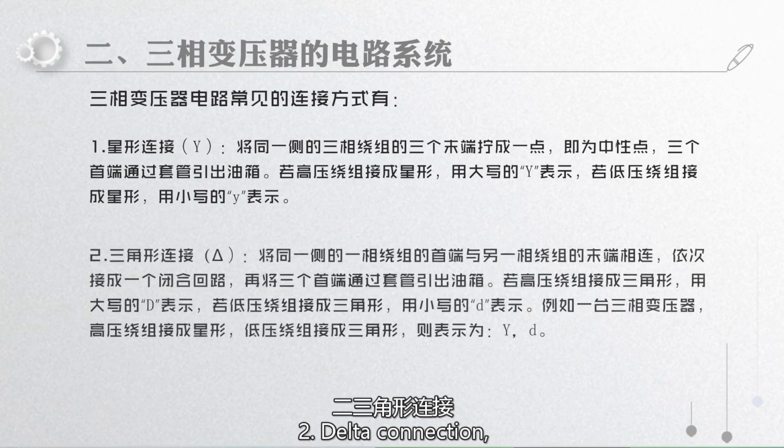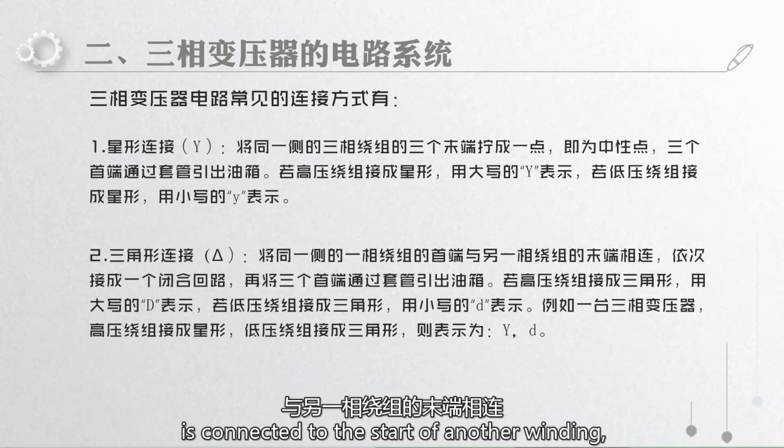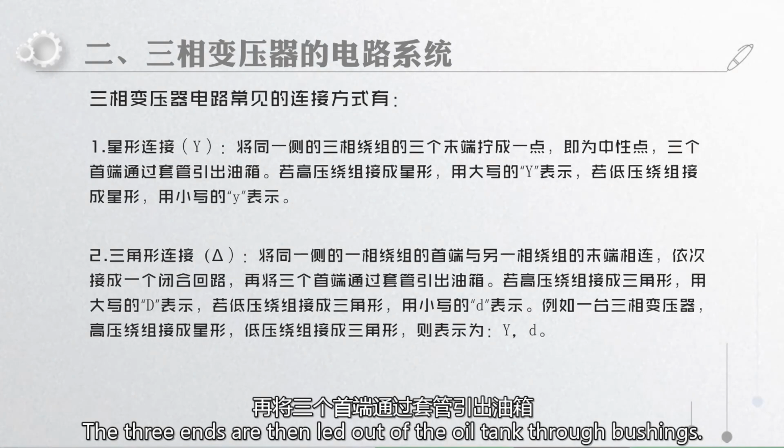2. Delta connection, where the end of one winding on the same side is connected to the start of another winding, forming a closed loop in sequence. The three ends are then let out of the oil tank through bushings.